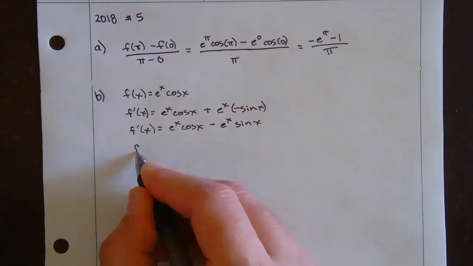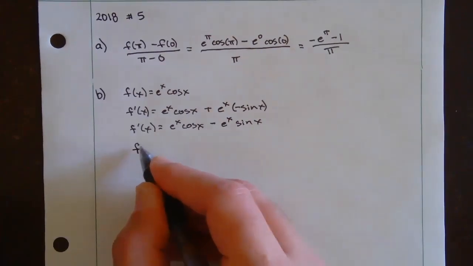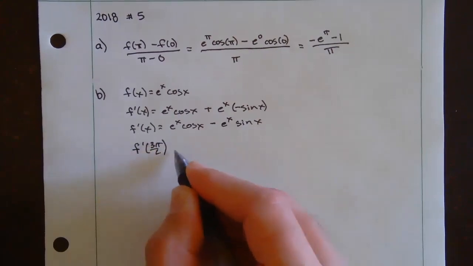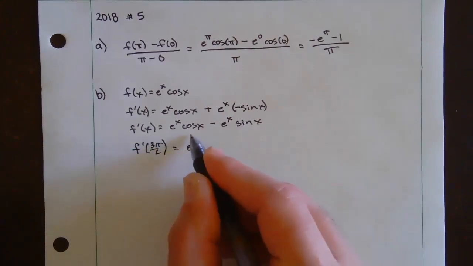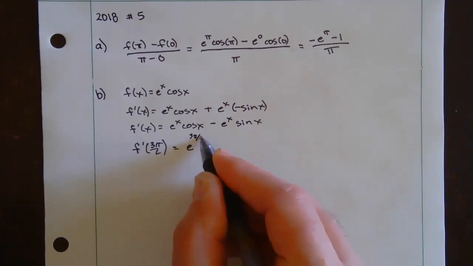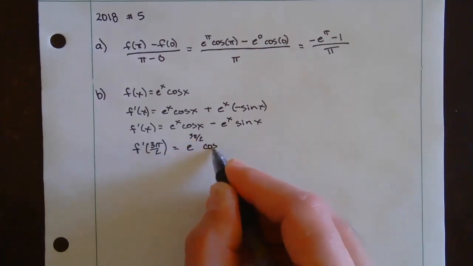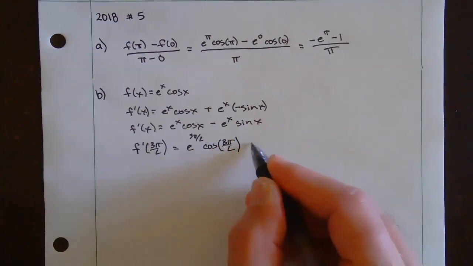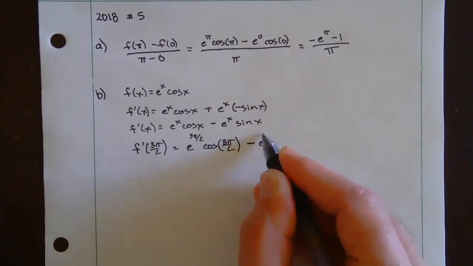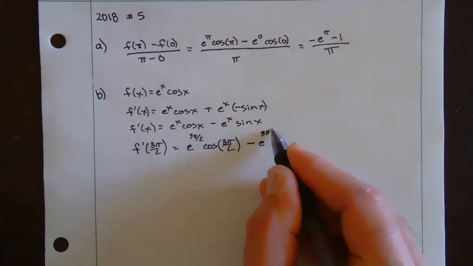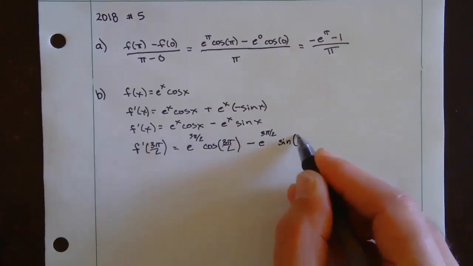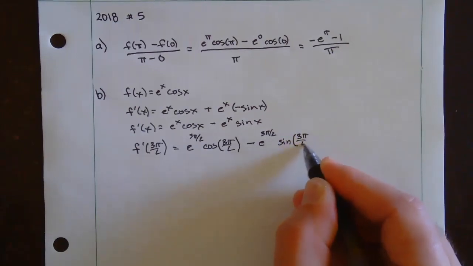And we want to find this at 3 pi over 2. So this would be f prime at 3 pi over 2. So this would be e to the 3 pi over 2 cosine of 3 pi over 2 minus e to the 3 pi over 2 power, and then sine of 3 pi over 2.